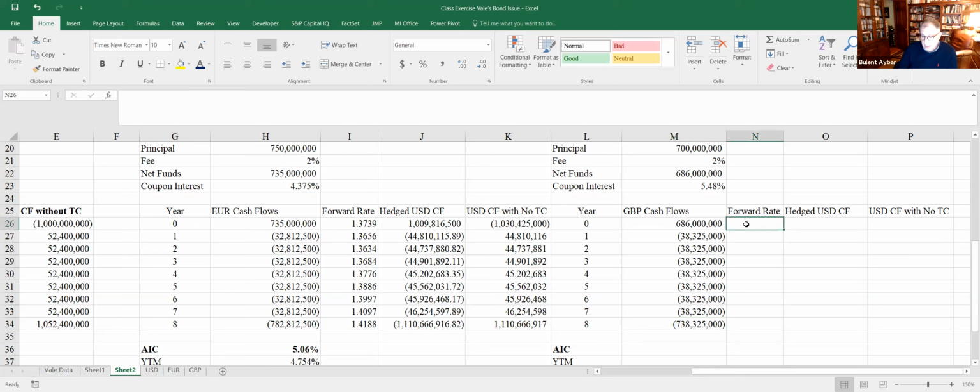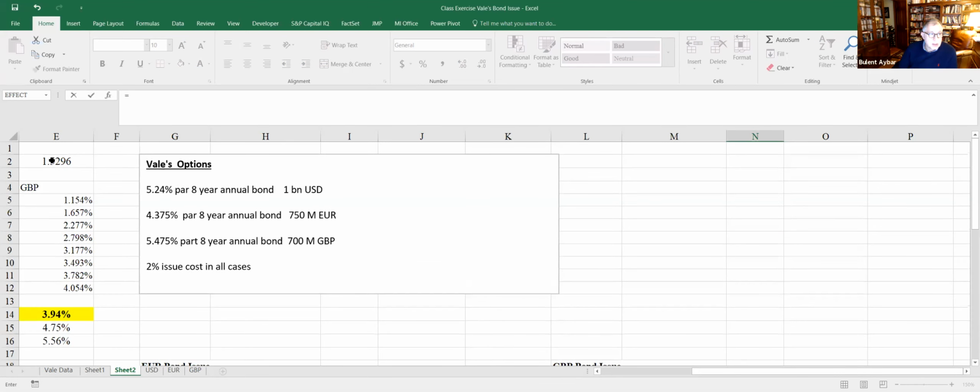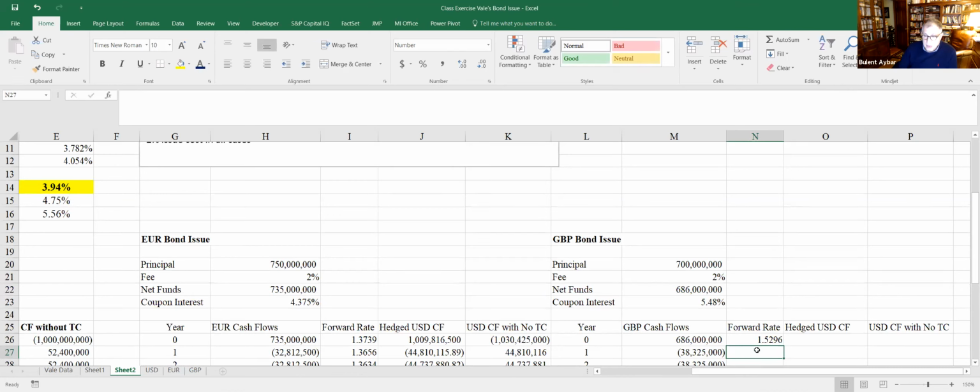Now I need the pound forward rates. The spot rate for the pound is equal to 1.5296 in year 0.